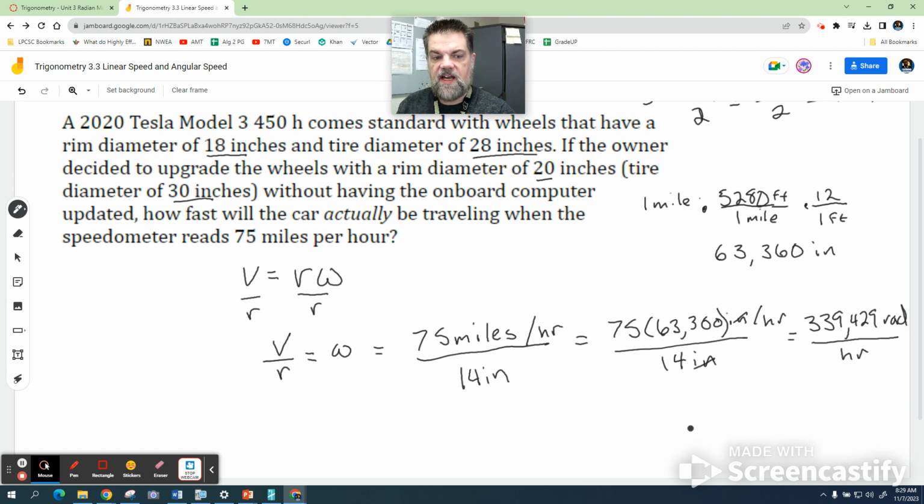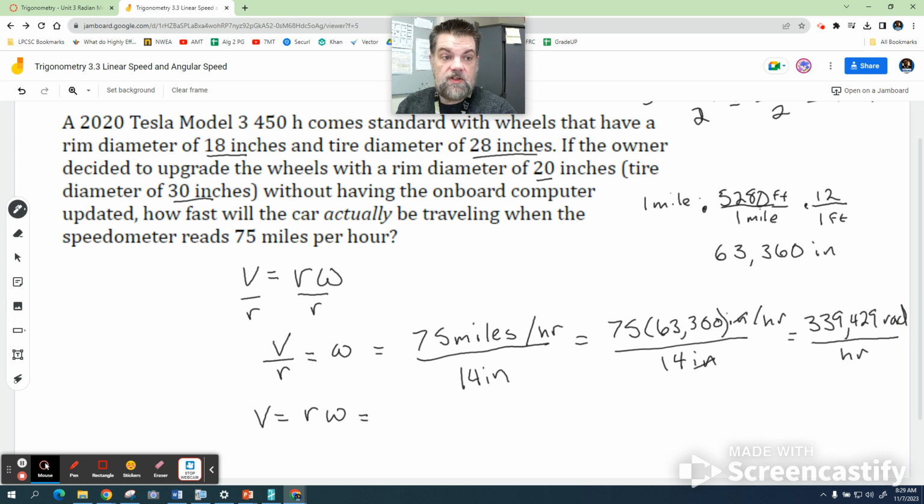Cool. So now that I know the angular speed, I just need to go back and figure out what that is with the new radius. Does that make sense?